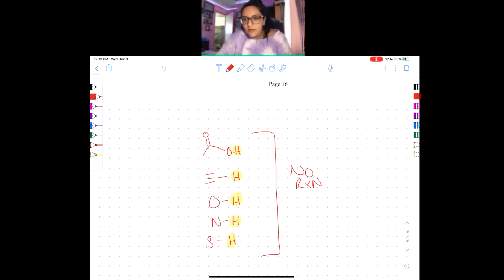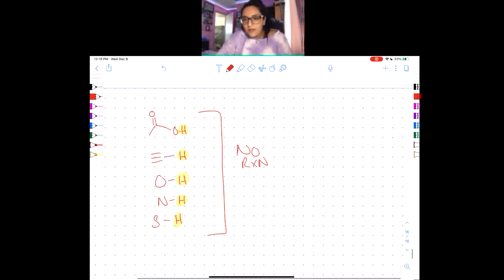If we are talking about making the Grignard reagent, you want to have an alkyl halide with nothing else on the chain.